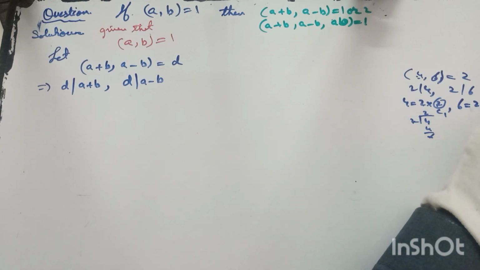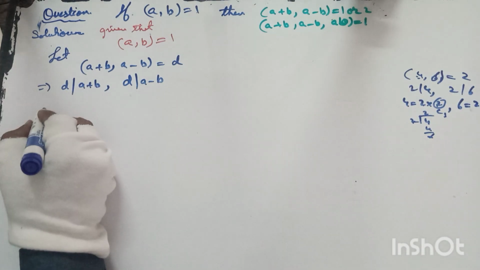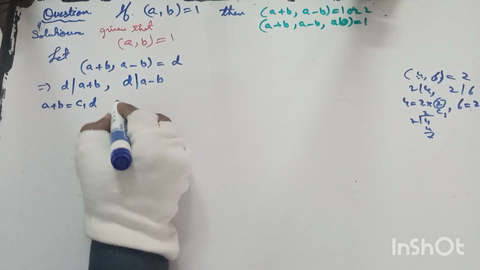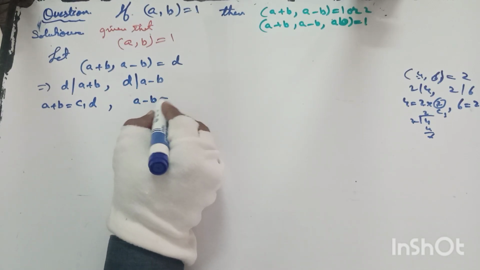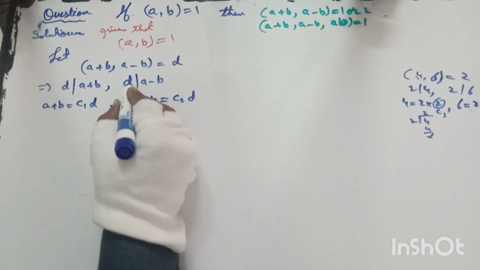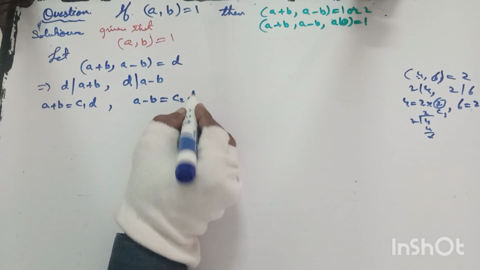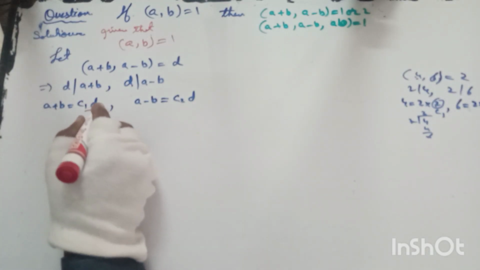I can name these two values C1 and C2. If D divides A plus B, then A plus B must be equal to C1D and A minus B must be equal to C2D.